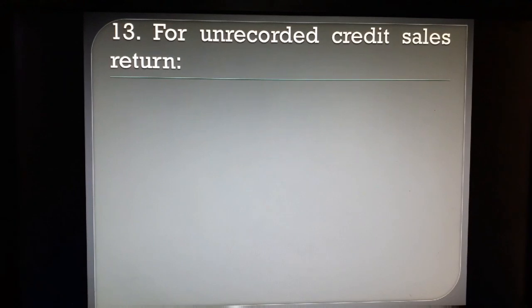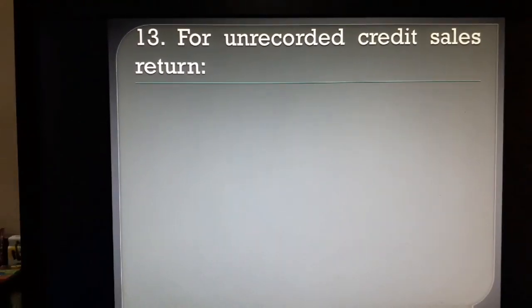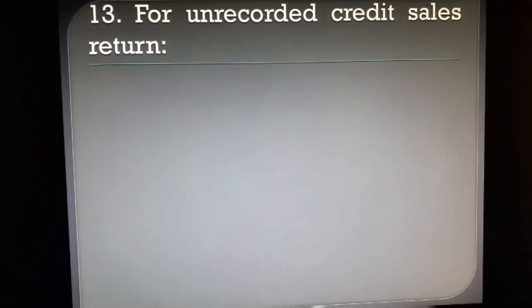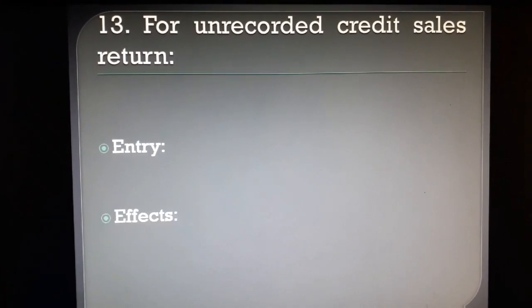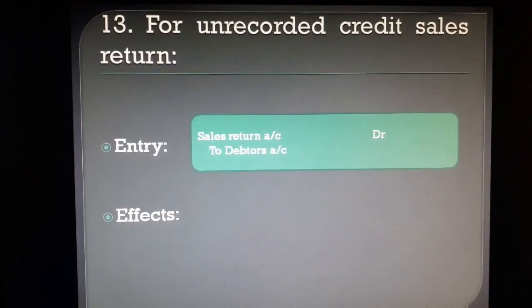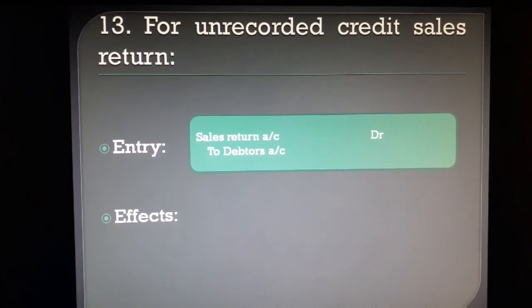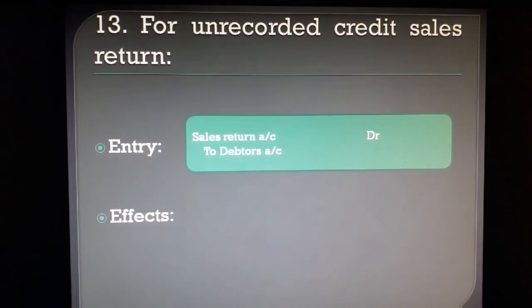Next, unrecorded credit sales return. Similarly, like unrecorded purchase return, now we have unrecorded credit sales return. So we have to record it. We simply pass the entry for credit sales return. Due to sales return, sold goods come back to the business, that's why goods come in.